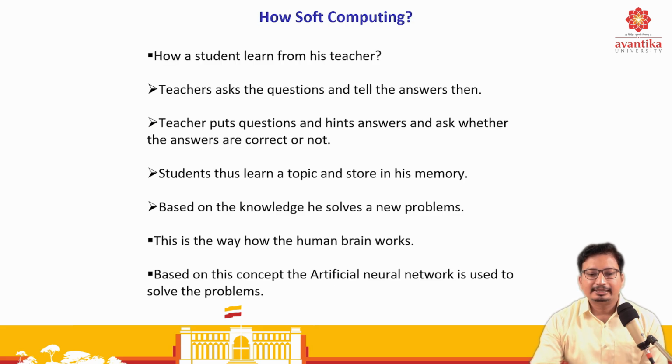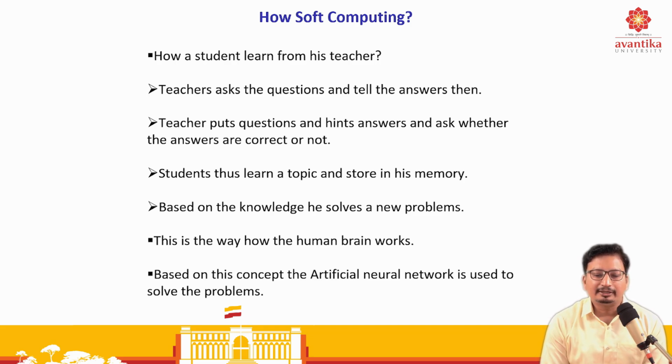Now let us understand how soft computing works. We can understand this with the example of a classroom. The classroom consists of teachers and students. How does a student learn from his teacher? The teacher asks certain questions and tells the answers to the student. When teaching, the teacher puts certain questions and maybe gives certain hints so that the student can answer the questions.